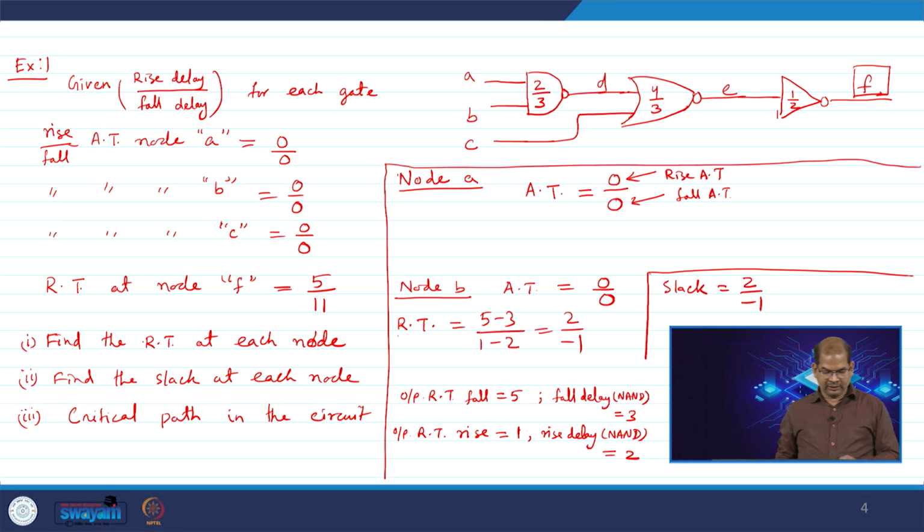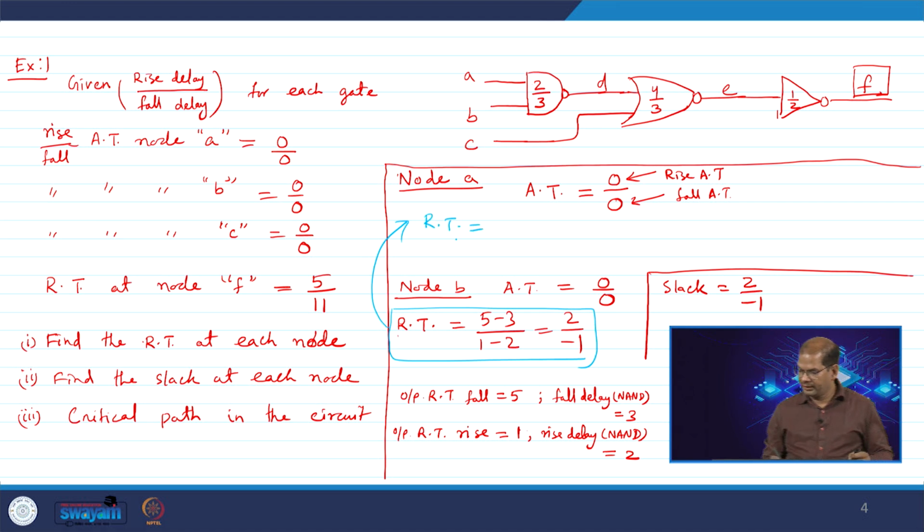Similarly, the required time at this point is same as the required time here. This required time here is same as the required time here. So, the required time at this point will be again 2 by minus 1. Okay. So, now the slack at this point also will be 2 by minus 1.